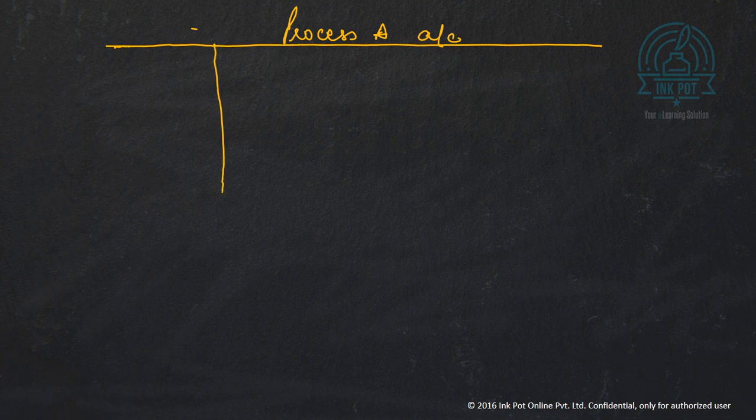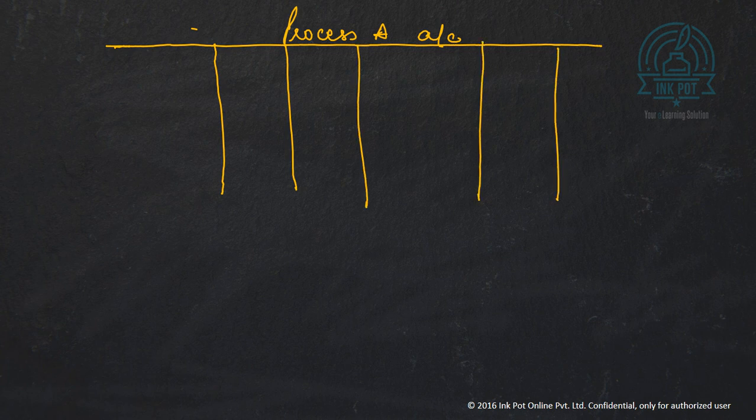Again, particulars, units, amount, units, amount. So this is column for units, this is amount, these are again units, this is amount, right? So now I'm also doing process B account here.